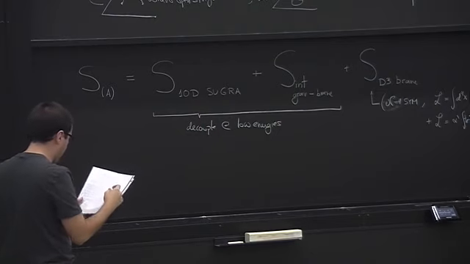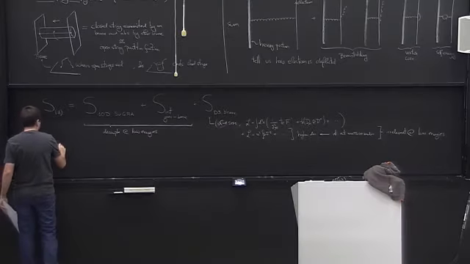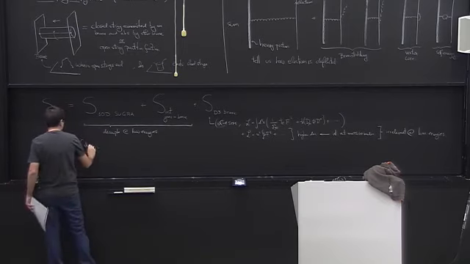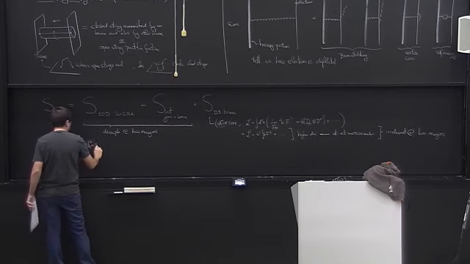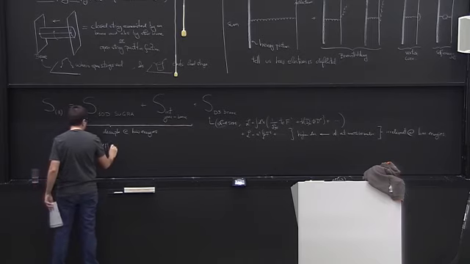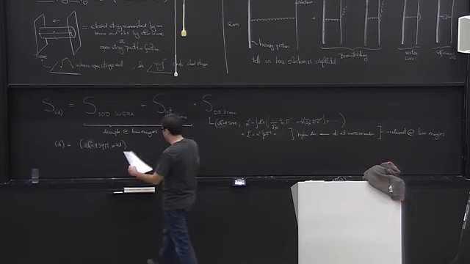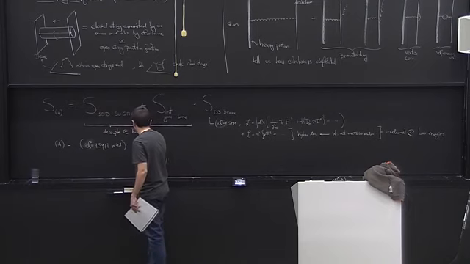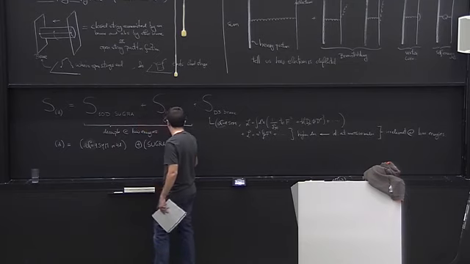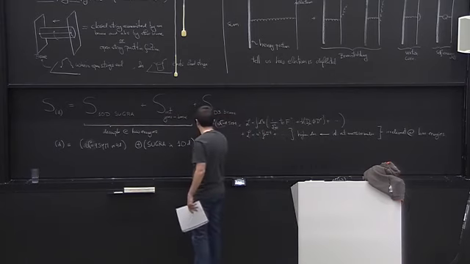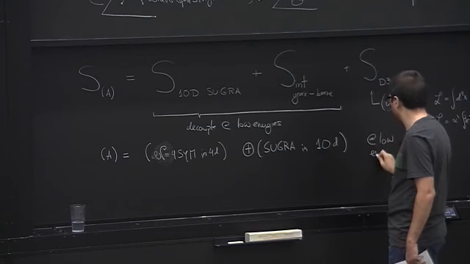So at low energies, A is equal to a sum of two decoupled systems: on the one hand N=4 super Yang-Mills theory in 4 dimensions, which describes the brane, plus supergravity in the bulk in 10 dimensions, and they don't talk to each other. This is what we get when we take this low energy limit.